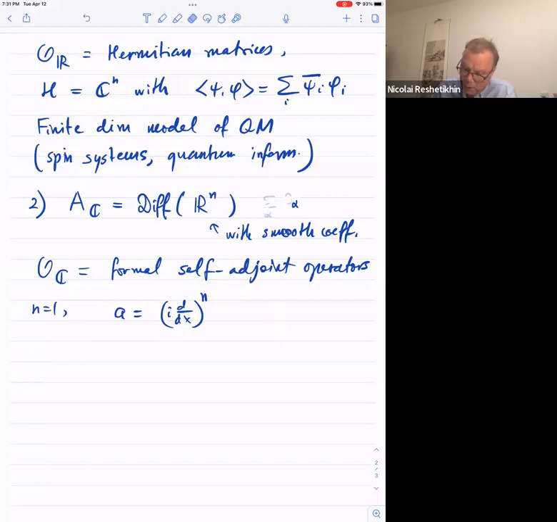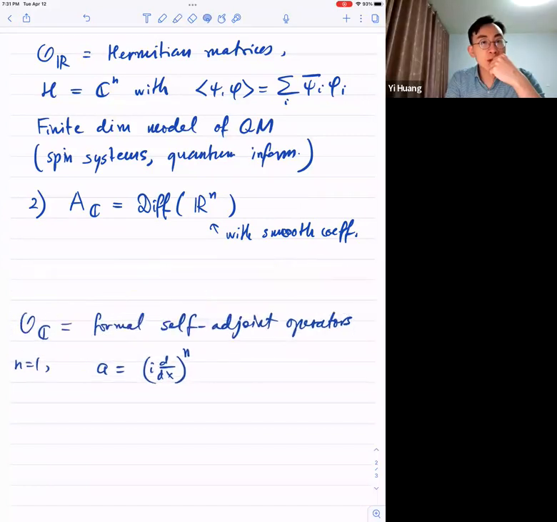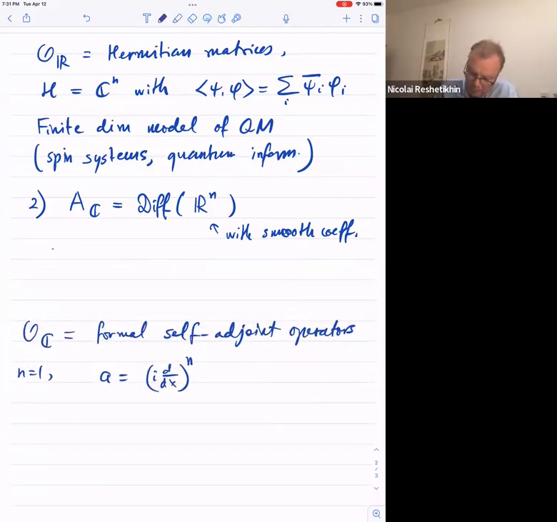So it's a finite sum over k1 through kn of d/dx1 to the k1, up to d/dxn to the kn, times some complex valued function of x1 through xn.